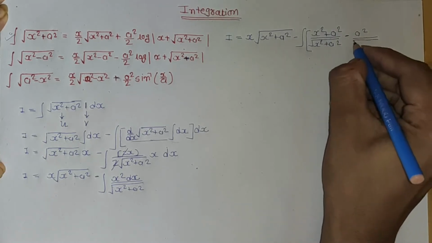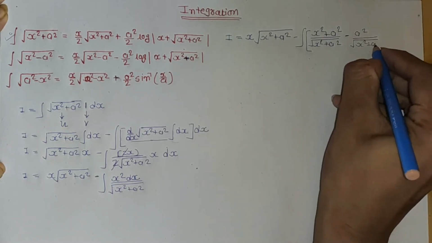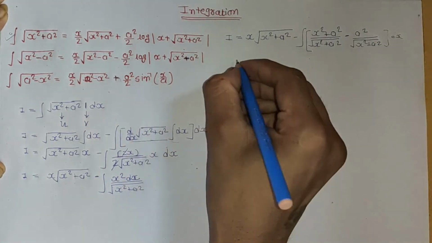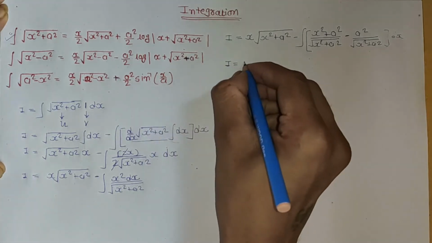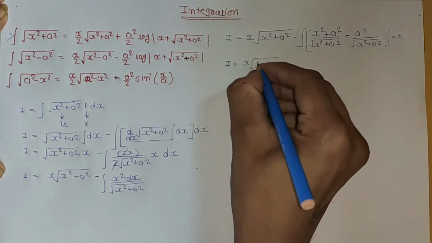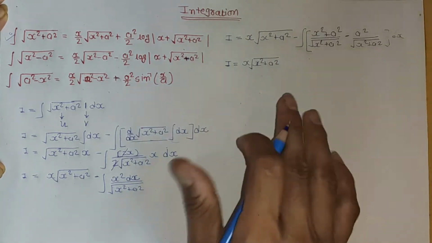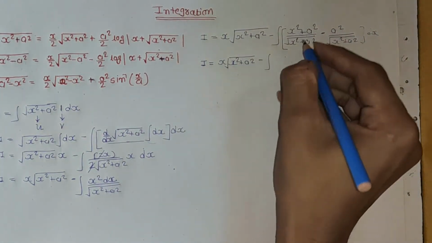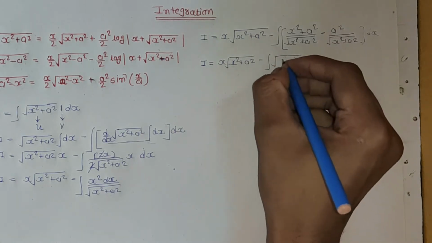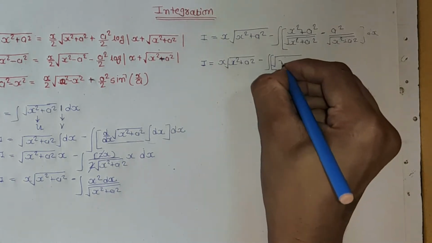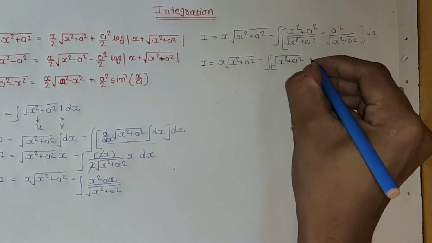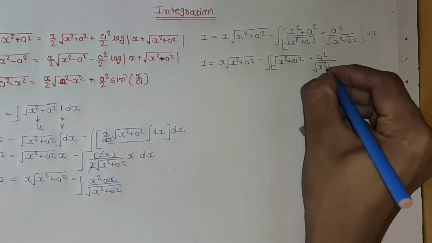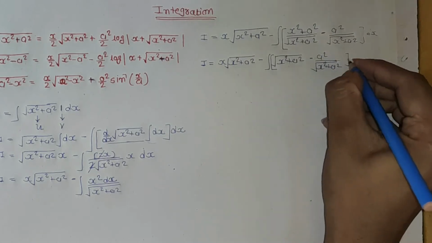I equals x square root x square plus a square minus integration, this will be, in the bracket, x square plus a square minus a square, divided by square root x square plus a square, bracket over dx.